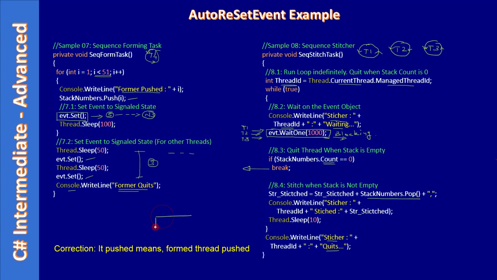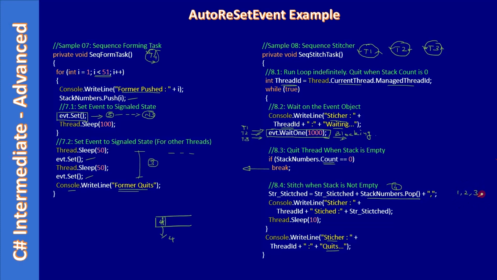Let's say it pushed element 4. Here that element 4 will be popped out, and if there were previously 3 elements, we will be having 1, 2, 3 and 4. Then we will append a comma with whatever is pushed previously. So we will be seeing output like 1, 2, 3.